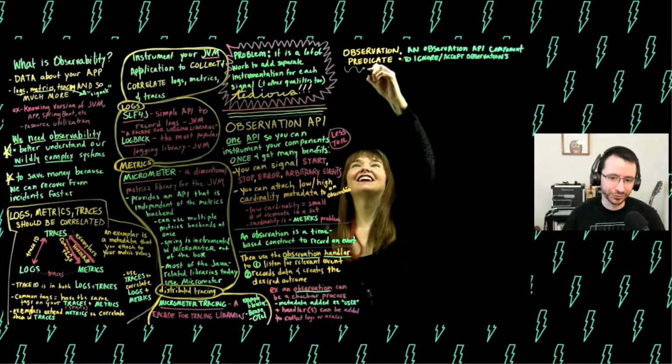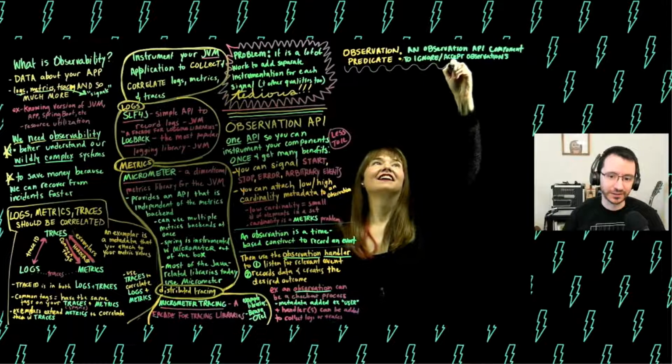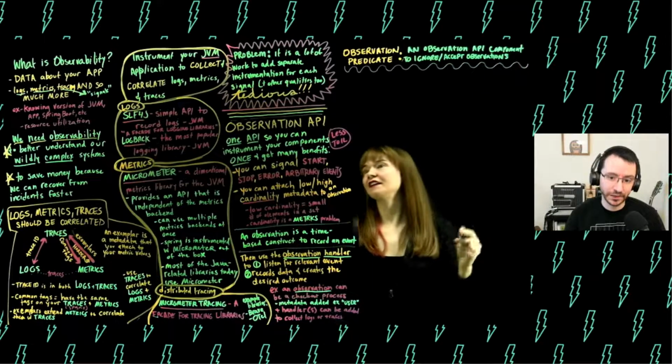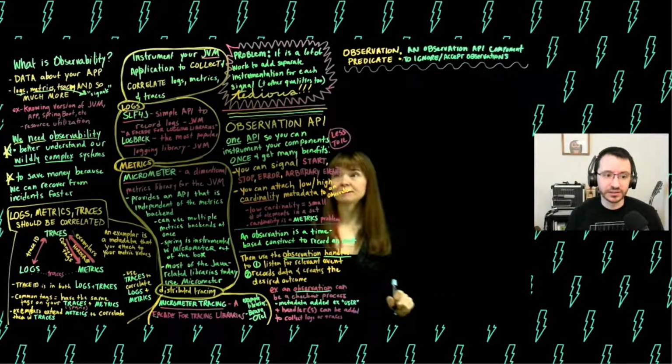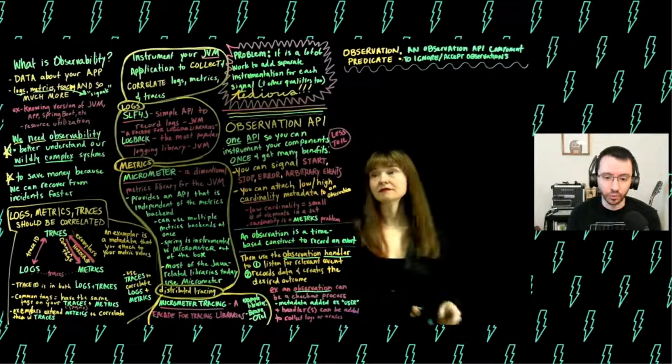This is part of Micrometer, and basically everything in Spring is instrumented using the observation API. Sometimes this can be overwhelming. You might not want all of the data.